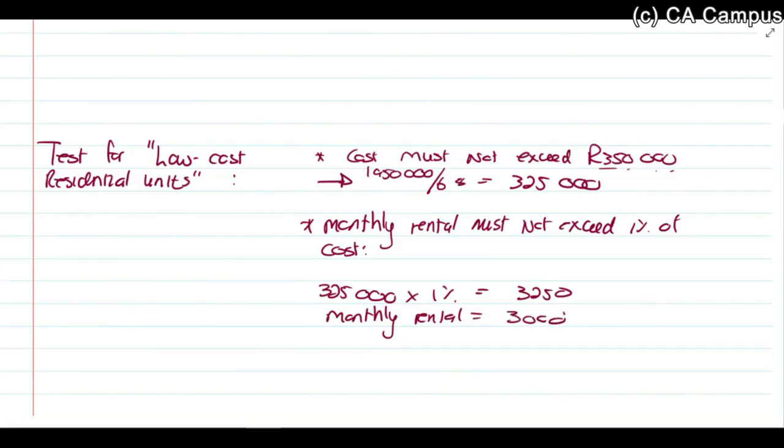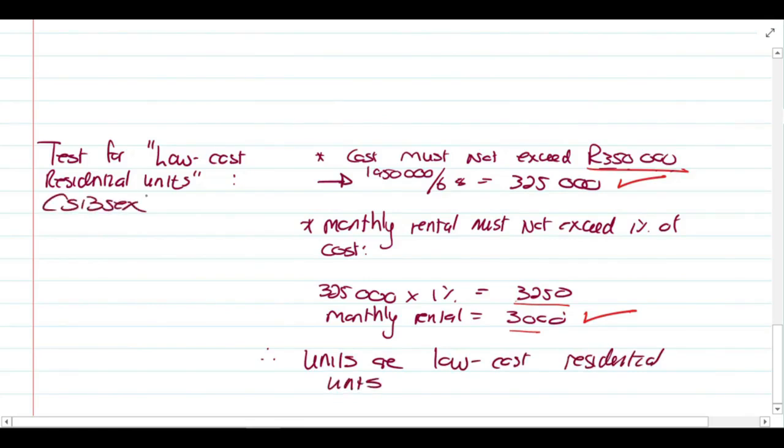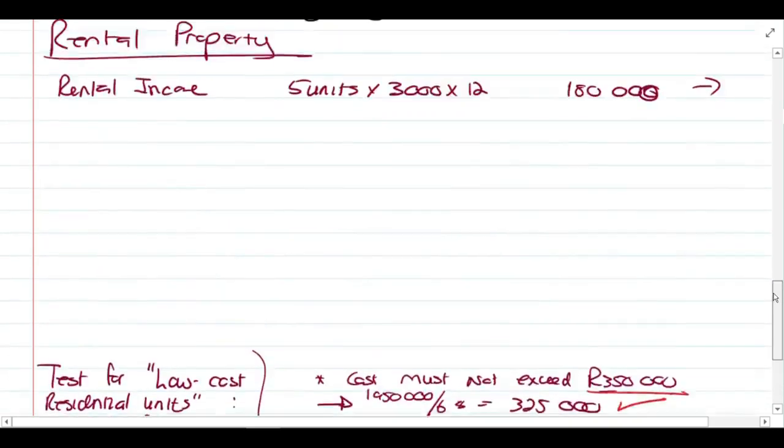So does it exceed the 1% of the cost? No. The cost is also, first bit is done, second bit of the definition is done. So in this case, the units are low cost residential units. Cost does not exceed 350 and the monthly rental does not exceed 1% of cost. So they are low cost residential units in terms of section 13.6. Also see the definition in section 1.